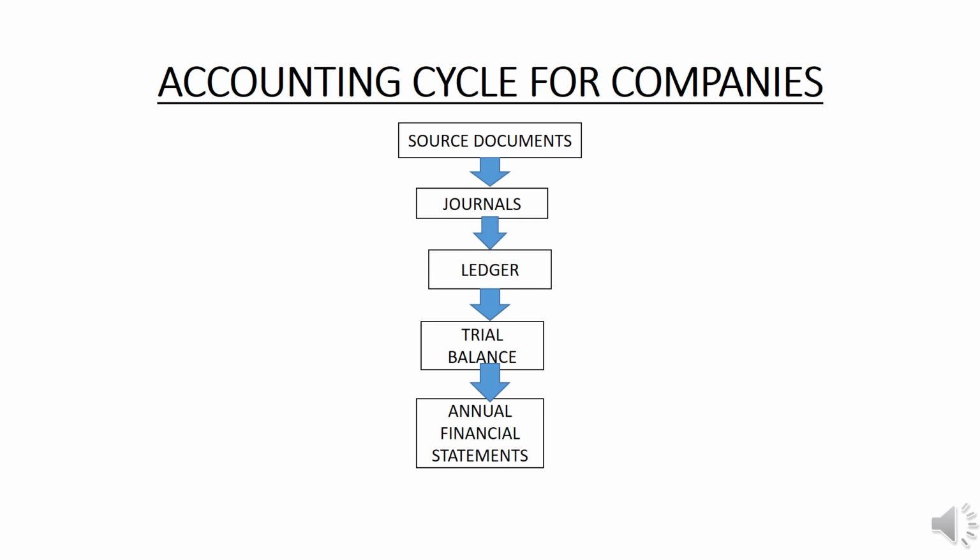So when we are paying using a check, we complete and sign a check, then give it to the supplier as the source document to say a transaction has occurred. We have made a payment to you. So it's also regarded as a source document.